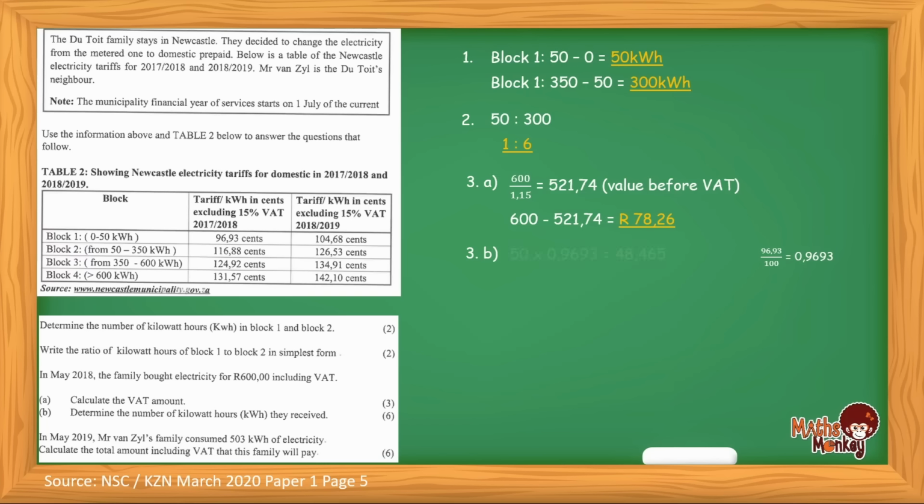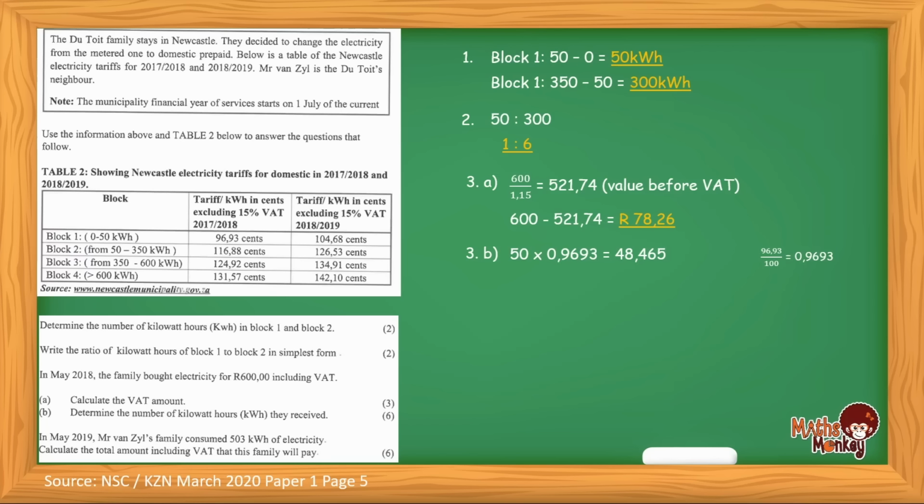Now that I have the rand value, I can say 50, because remember in the first question we worked out that the first block has 50 units. So 50 multiplied by 0.9693 gives us 48.465 Rand. This is how much he is being charged for the first 50 units.